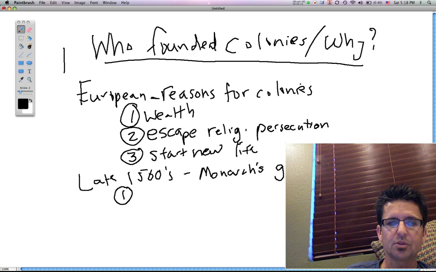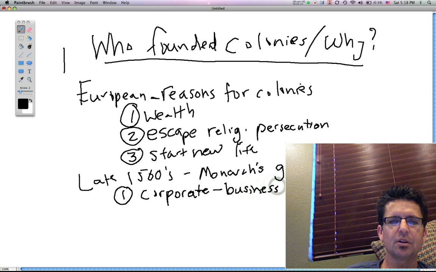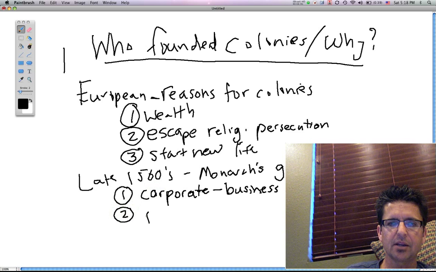The first one was corporate, C-O-R-P-O-R-A-T-E, and they were given to businesses, right? And if you don't understand that, it doesn't do any good to take notes. We don't need to put all the little words, but this should remind us when we come back and look at it that the corporate colonies were business-owned colonies. And then the second one was proprietors, and they're called proprietary.